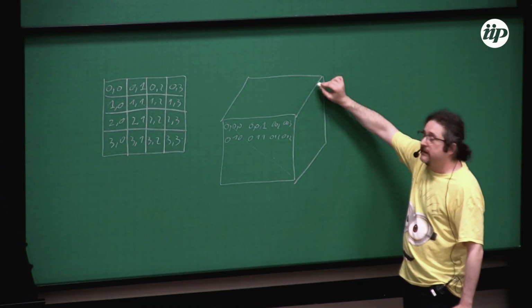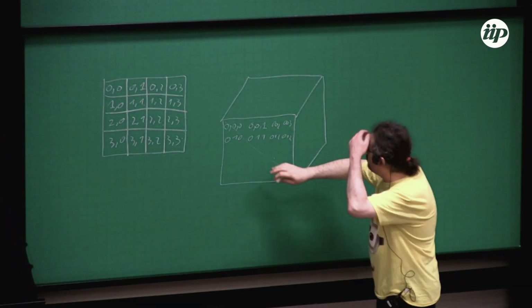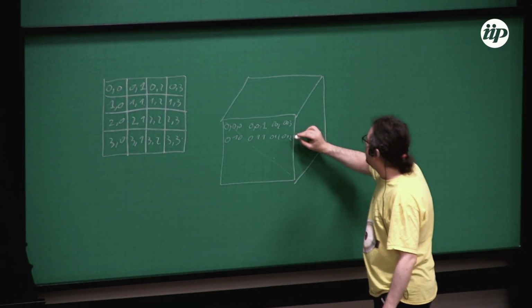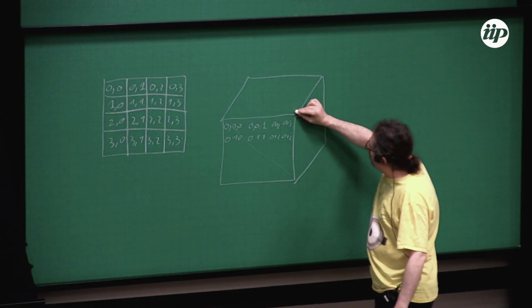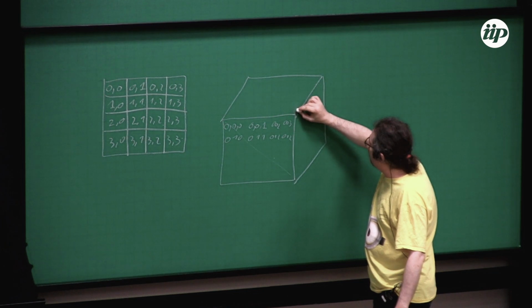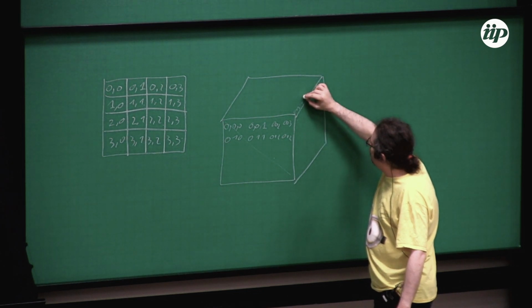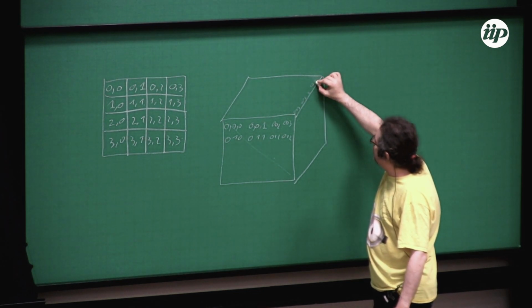Over here, instead, this number is again 0,0,3, so this one is going to be 0,1,3, 0,2,3, 0,3,3.